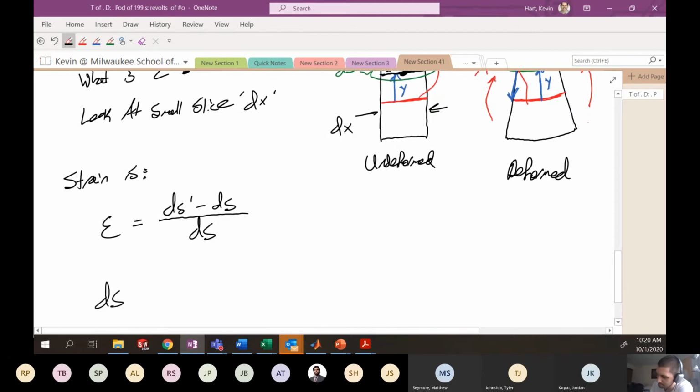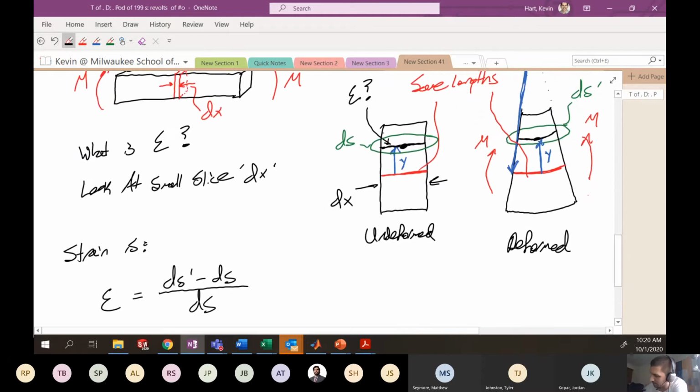ds. All right, well here ds is the sort of original undeformed length, this guy here. Notice that before I deform this, it has this original length dx, which is the same length as this portion of the bar at like the neutral axis.